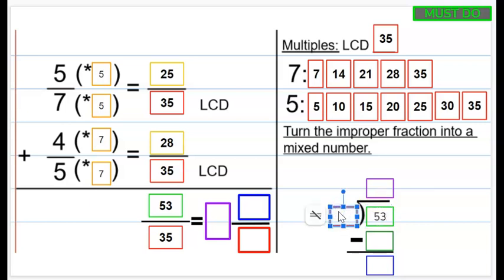I know that I'm only going to fit 1 35 into 53 because 30 plus 30 is 60, and that's already too big. So I'm going to put a 1. 35 times 1 is 35, and now I'm going to subtract.